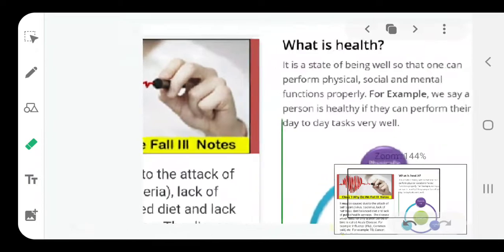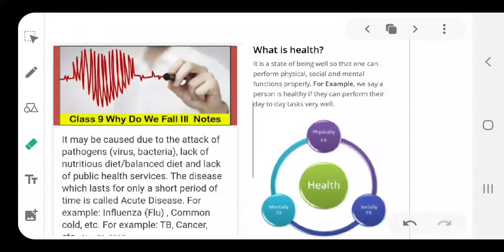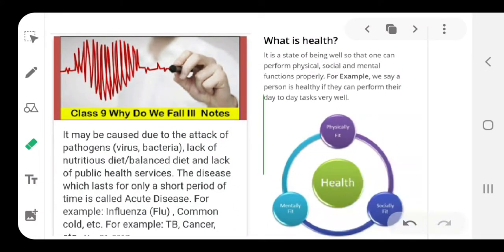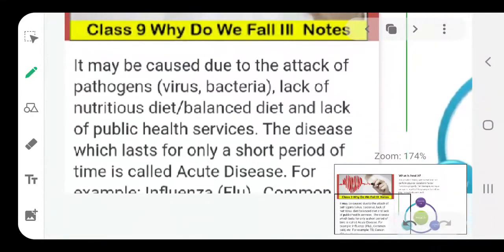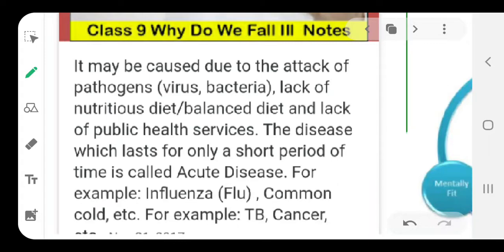Before we proceed into the topic, you should know generally why we fall ill. Basically, a healthy individual becomes sick because of the attack of pathogens, that could be virus or bacteria in particular. Number two, your diet is not balanced. That is one of the big reasons.